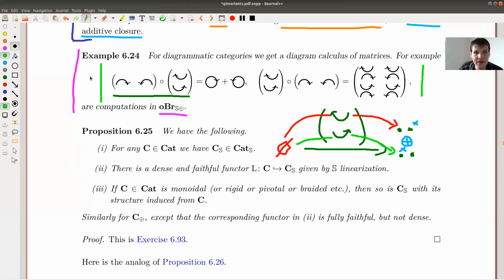You can do the same trick the other way, and composition is matrix multiplication. Let's have a look. I would take this row and compose it with this row, and it will work out. I just take this thing, put it on top here, and I would need to add the results. Oh no, this was wrong. Taking this thing and putting it here, what I would get is the sum of the two circles.